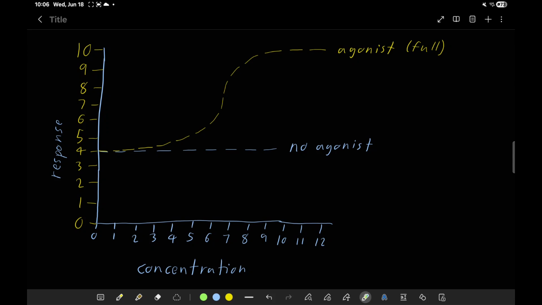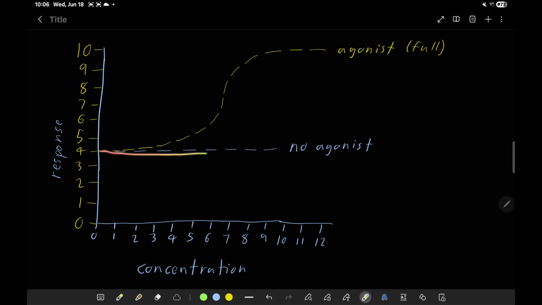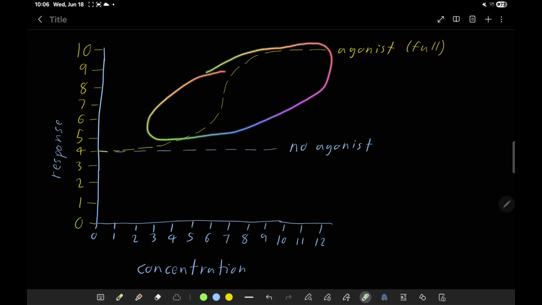So going back to our dose-response diagram, we've established that this line is constitutive activity when we don't have any agonist, but now when we add agonist, it goes and binds to receptors, activates them, and increases response. So that would make a dose-response curve something like this.